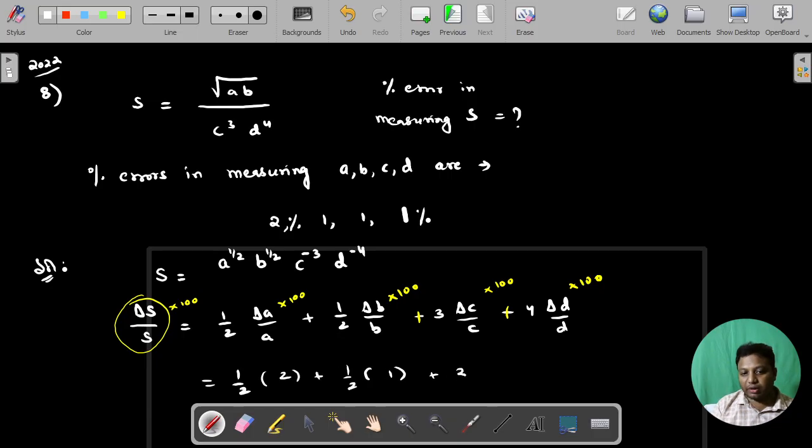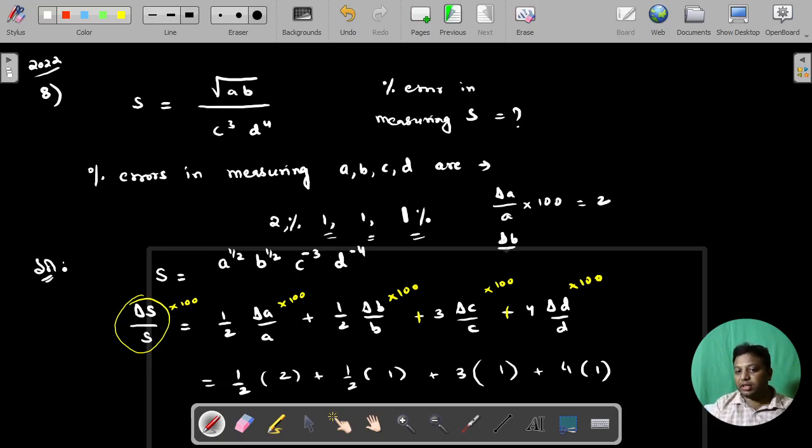These are given values. Percentage error in C is 1. Percentage error in D is 1. Percentage error means what? Delta A by A into 100. This is percentage error in A, 2. Like that, percentage error in B, delta B by B into 100, is 1. So we are using the given values.